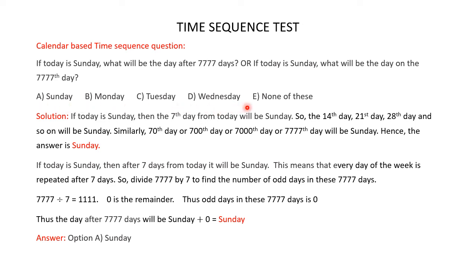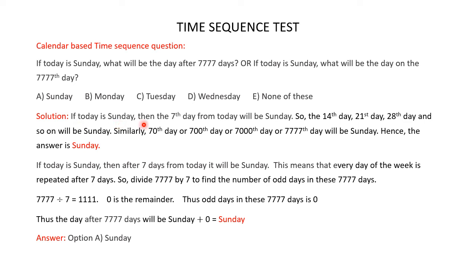You're given 5 options and you have to find out which of these options is the correct one. Now you have to understand that if today is Sunday, then the day after 7,777 days means the same thing as the day on the 7,777th day. Let's understand how.